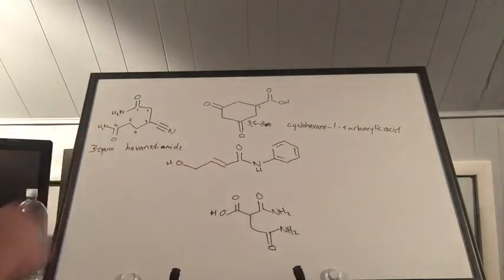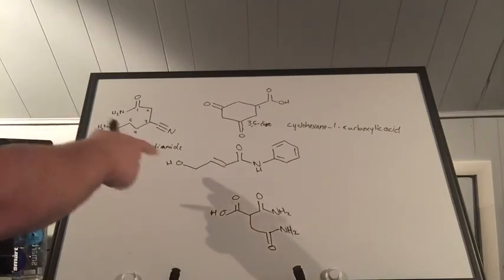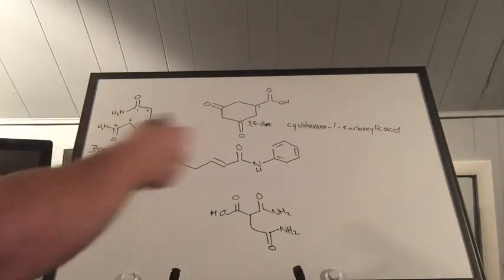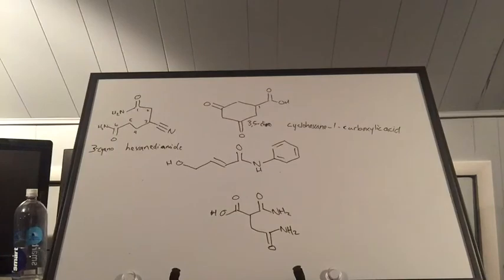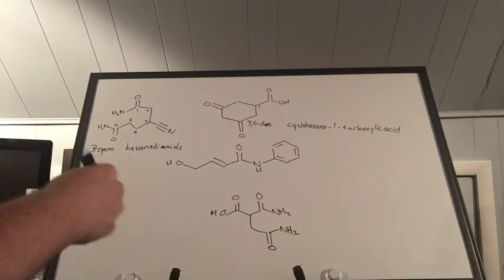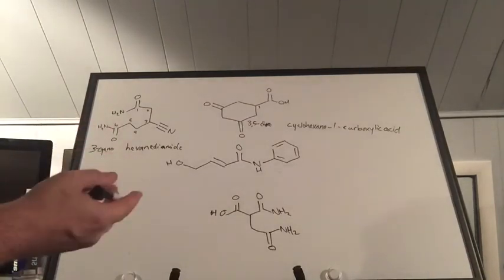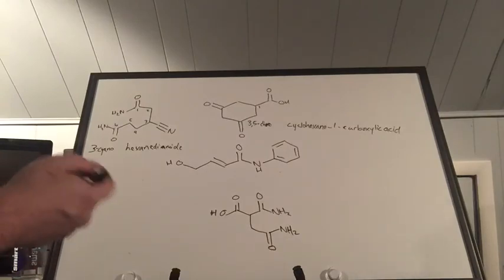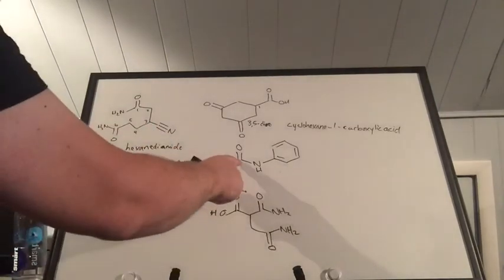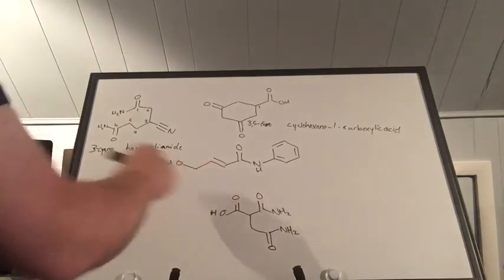Okay, so this one's going to be a little bit less straightforward. You have an amide, which is going to be the highest priority, followed by your alcohol, and then also a phenyl ring. Okay, so you're going to have an amide as your main chain, so it's going to be 1, 2, 3, 4.